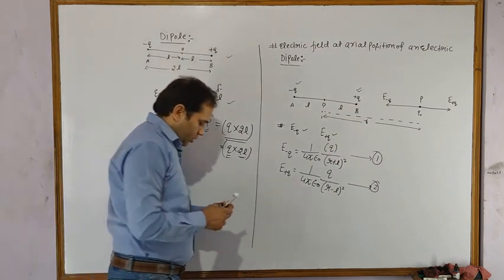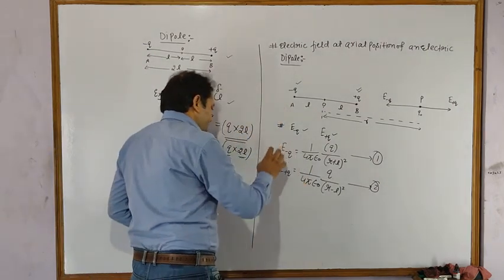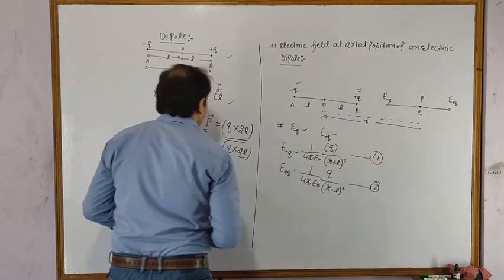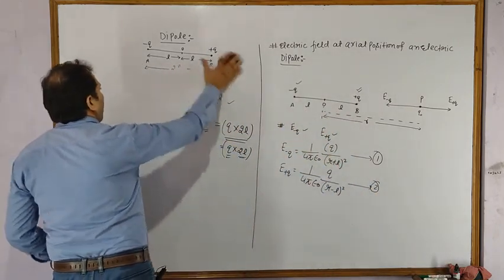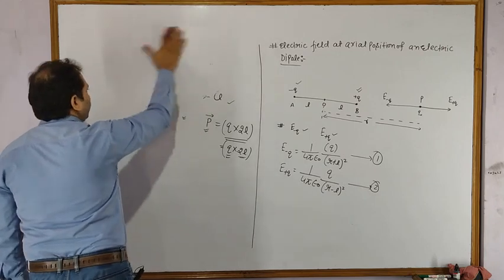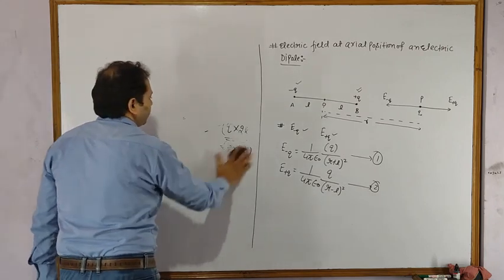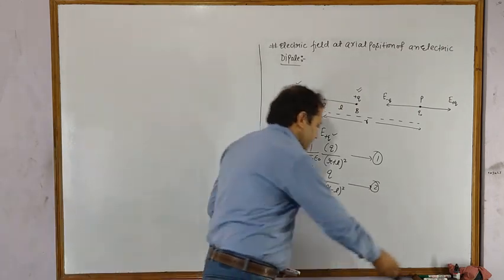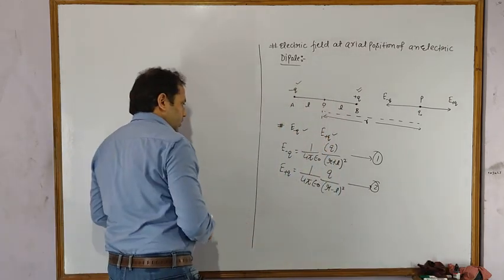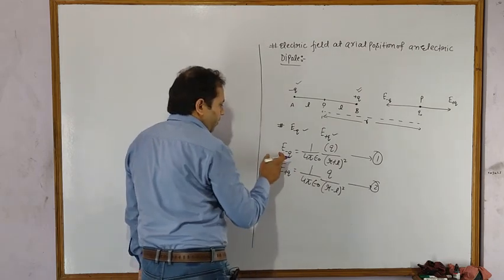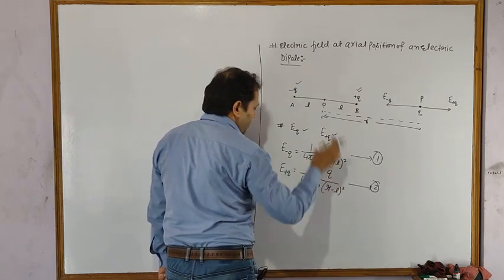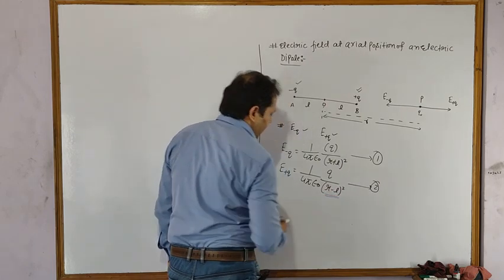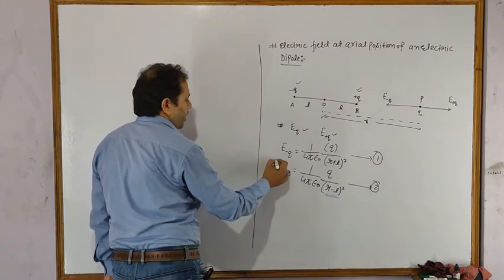So just think about which electric field will be greater, due to equation number 1 or equation number 2. The electric field is inversely proportional to the distance squared. So wherever the distance is less, the electric field will be high.